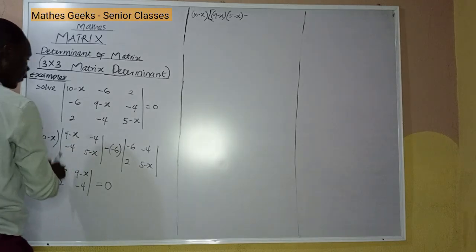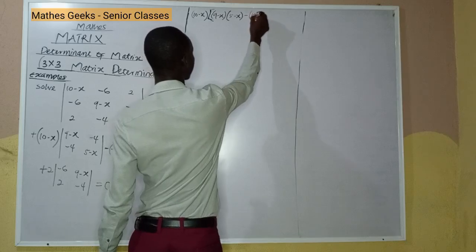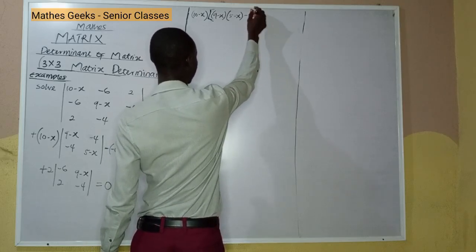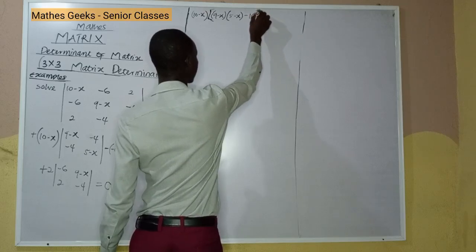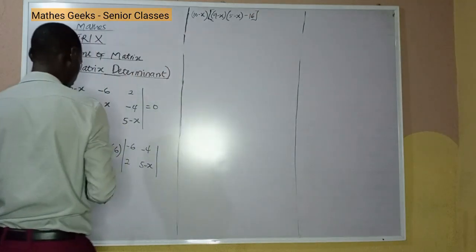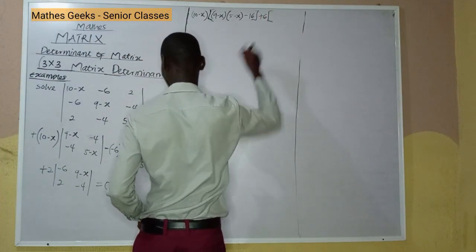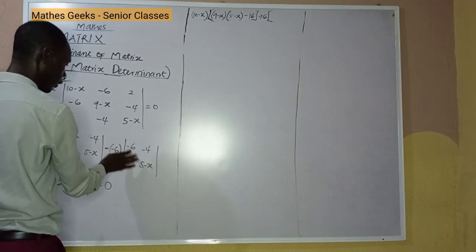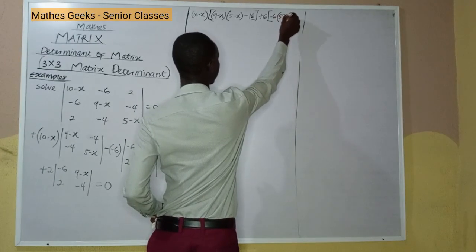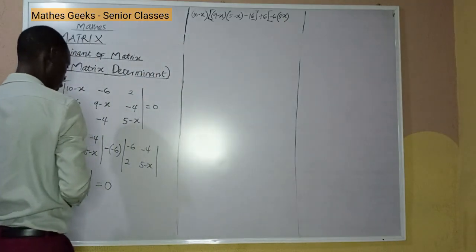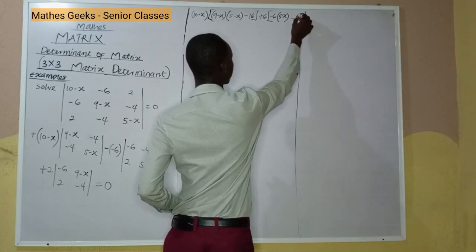Minus 4 times minus 4 gives us plus 16. Minus x minus is plus 6. Minus 6 times 5 minus x, minus 6 minus 8, minus 4 times 2 is minus 8.